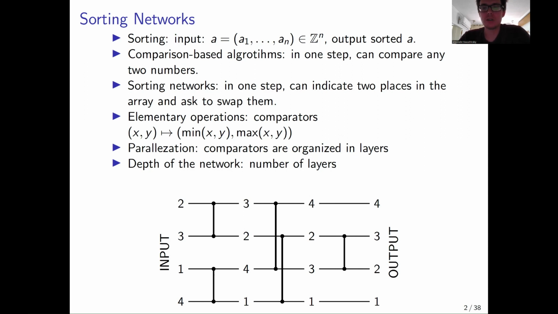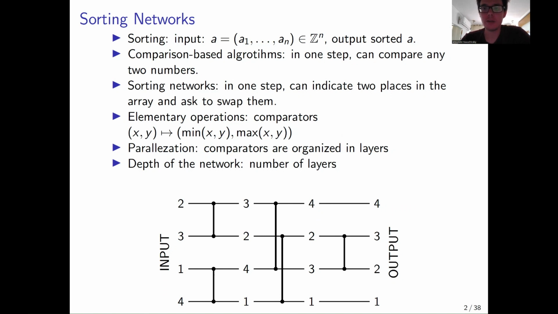The only thing you can do at one step is to indicate a pair of positions and ask an oracle to swap the two stones in these positions if they go in the wrong order. Like 4 and 1 here on the left: they go in the wrong order, and if you ask the oracle to swap them, then as a result you will have 1, 4, like in the next row.